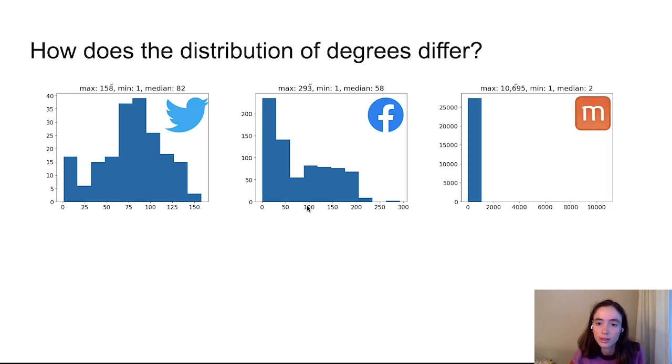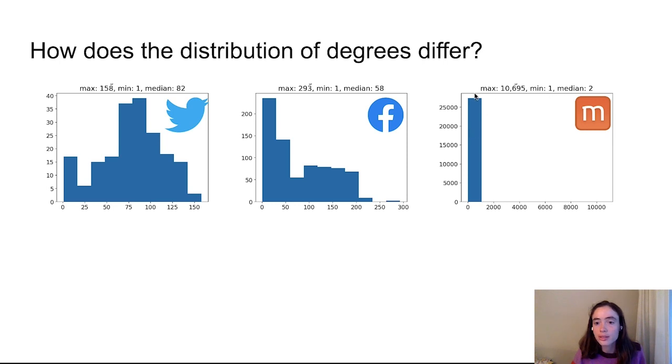If we look at the Movielens dataset next, we can see a pretty stark difference from the other two. There is one vertex that has a degree of over 10,000. That means either one user has seen over 10,000 movies, or one movie has been seen by over 10,000 users. But that is really out of the ordinary.